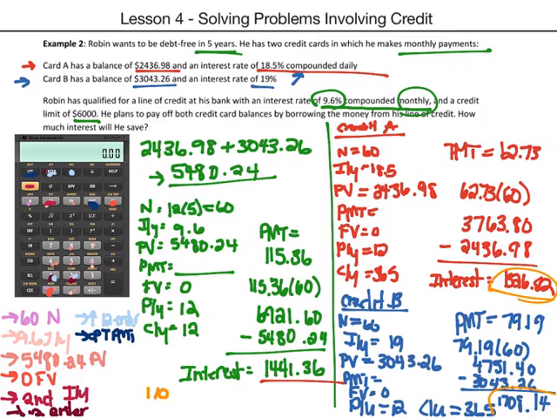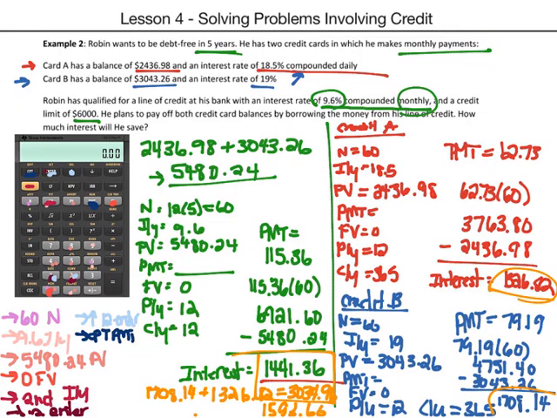So altogether, the interest he would pay with his credit cards is $1,708.14 plus $1,326.82, which is $3,034.96. And the difference between this and our $1,441.36 is $1,593.60.